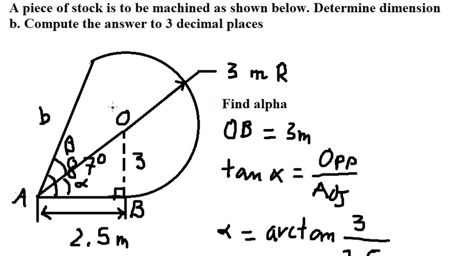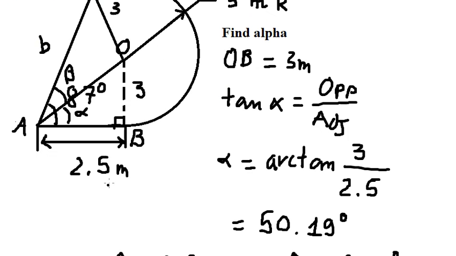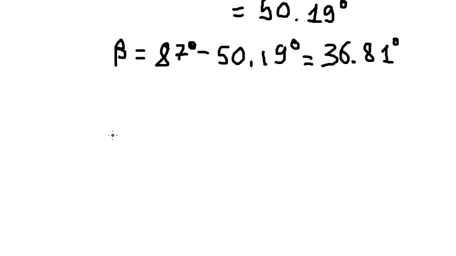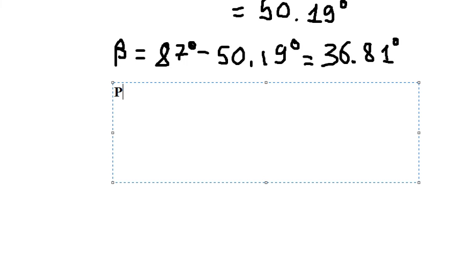Next, I will put sin here. We know that OC is the radius of the circle, so OC equals 3. Now we need to find AO. For AO we can use the Pythagorean theorem.